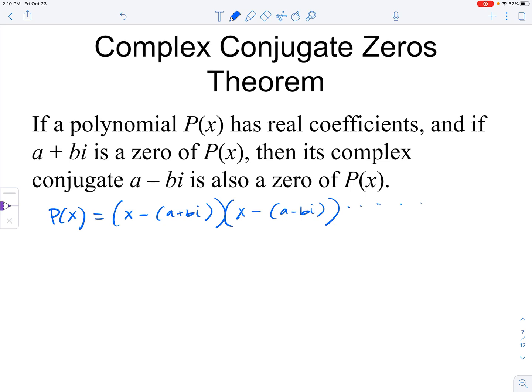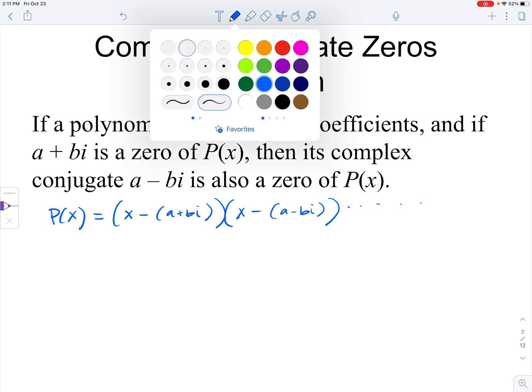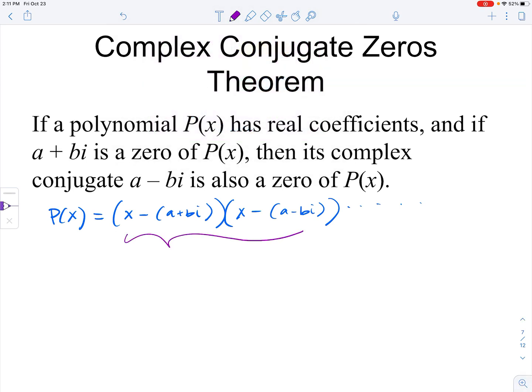Now, notice that whenever you multiply this out, you're probably wondering: if there are only real coefficients when this is multiplied out, what happens to the imaginary part of the zeros? What happens to the i? Well, notice if we multiply these out, distributing the negative, I have x minus a minus bi times x minus a plus bi.